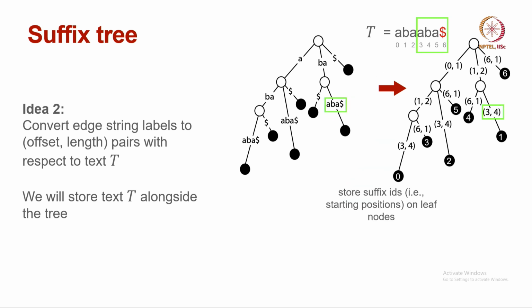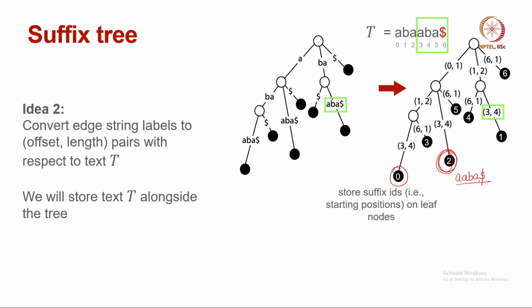So, these two ideas, and the last minor point I want to add is that I am also going to store the suffix IDs on the leaf nodes, and that is just for convenience. So, for example, this particular leaf node represents the suffix starting from position 0. Similarly, this particular leaf node, if I spell the path from root to this leaf node, then this spells the suffix starting from position 2, that is $AABA.